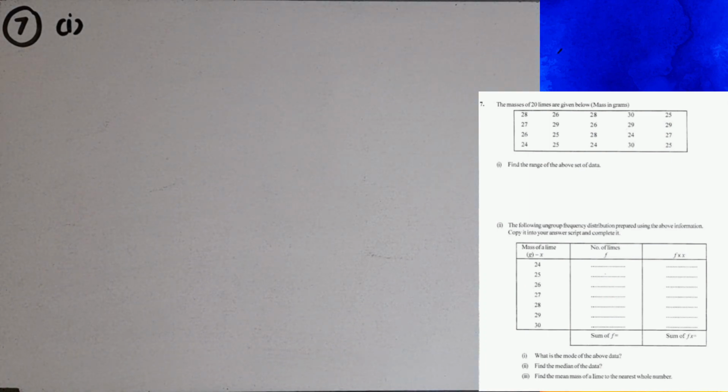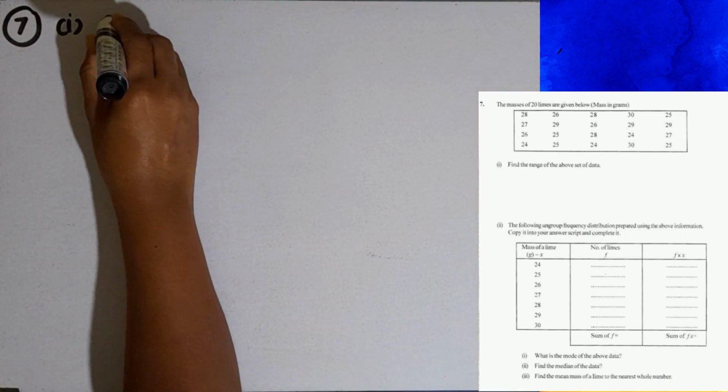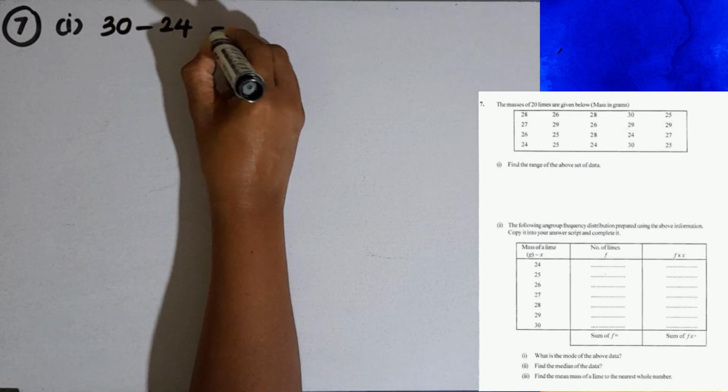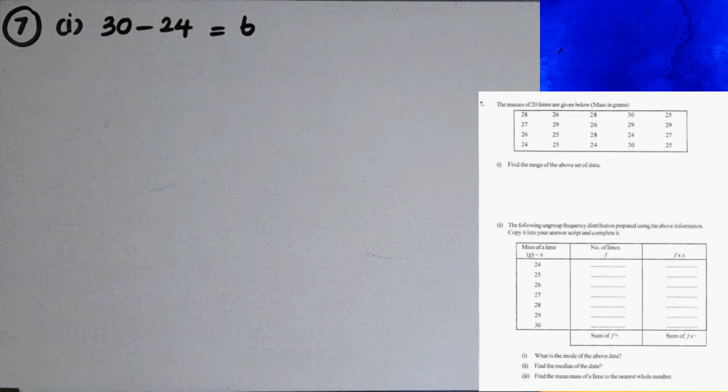What is the maximum value here? The maximum value is 30. Then the minimum value. Minimum value is 24. So we can find the range: 30 minus 24. That is 6. 6 is the range here.